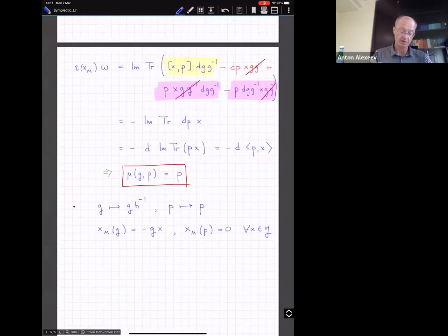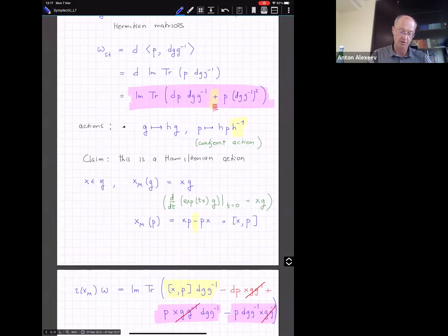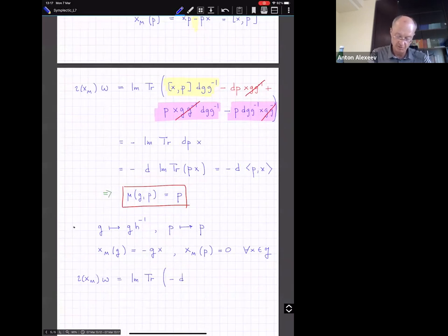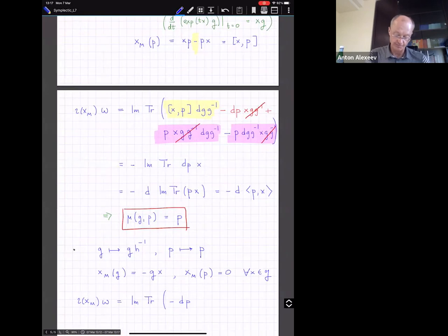So now we can again make a substitution. This is the imaginary part of the trace, and, okay, so minus dp, minus dp gx g minus 1.